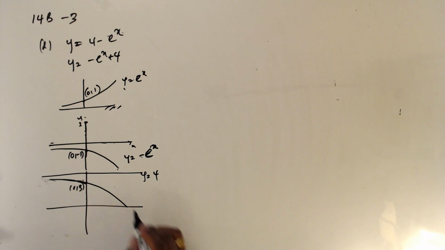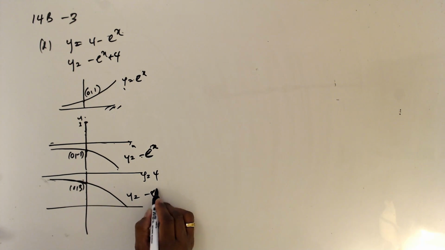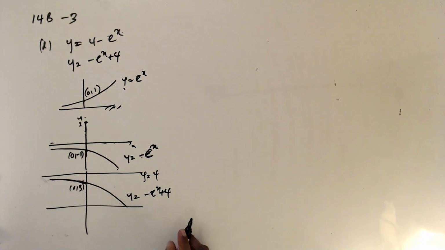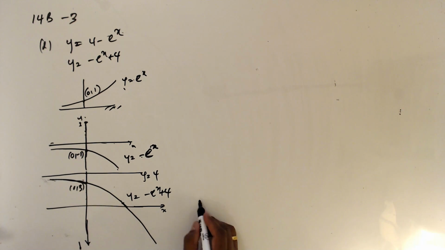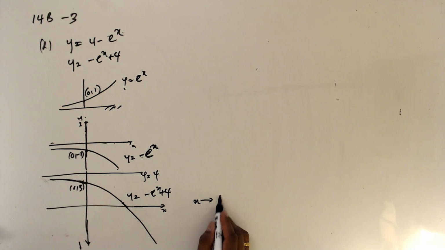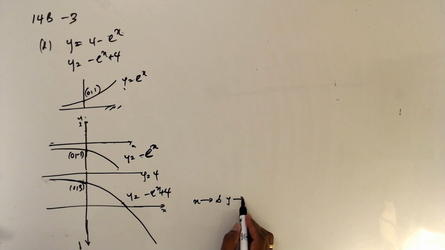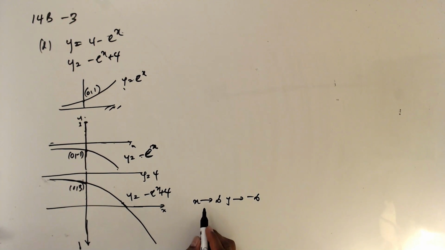So this is the graph y equals minus e to the x plus 4. Now you can see when x goes to infinity in this direction, y goes to negative infinity, because that's why the graph goes like this. So x goes to positive infinity, y goes to negative infinity.